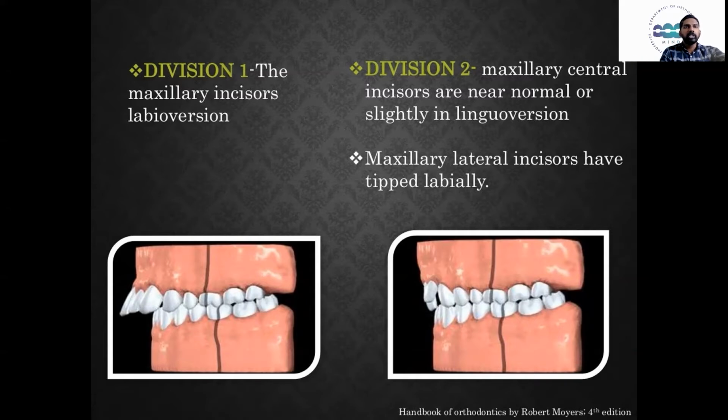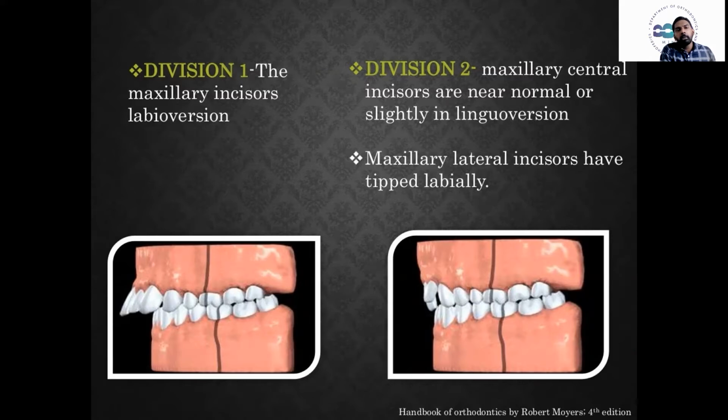These are the clinical features of division 1. In division 1, the maxillary incisors will be proclined, as we can see in the picture. Because of this proclination of the maxillary incisors, there will be increased overjet.